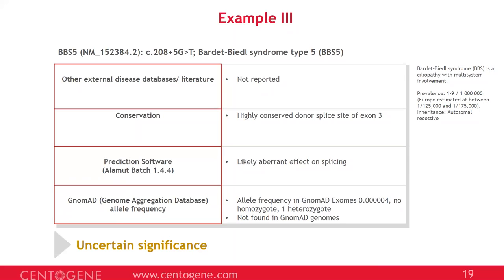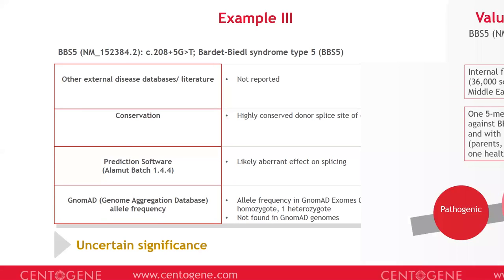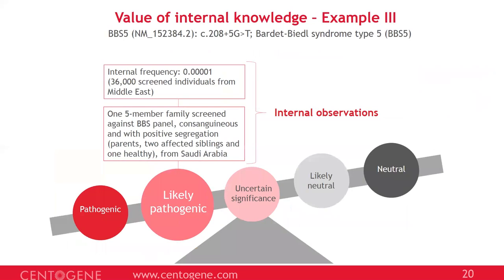So we contacted the physician, and we asked for either more information or, if possible, additional relatives to be sent to us. The physician was really open, understood the situation very easily, and came back and told us that the family is consanguineous and is originating from the Middle East.